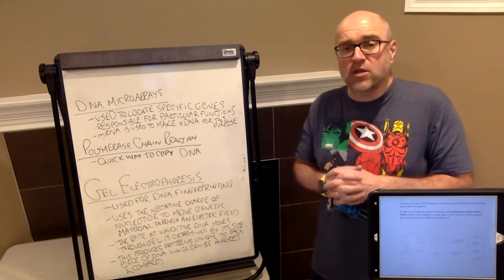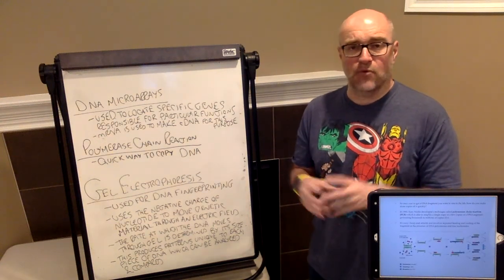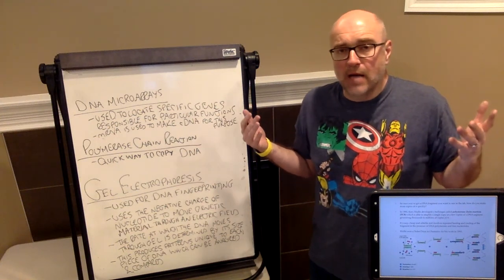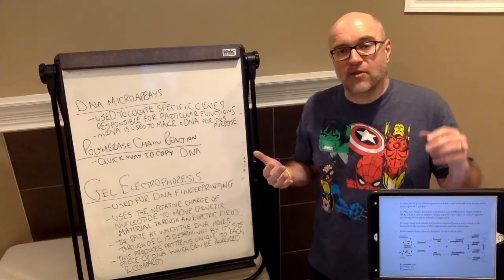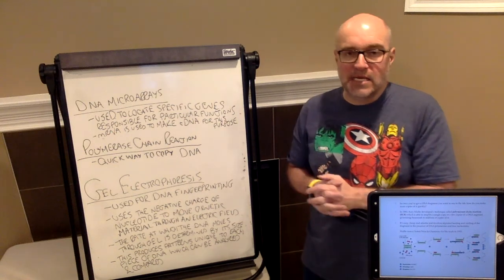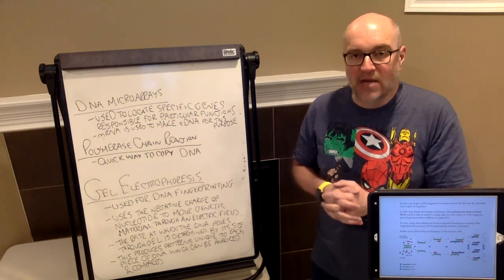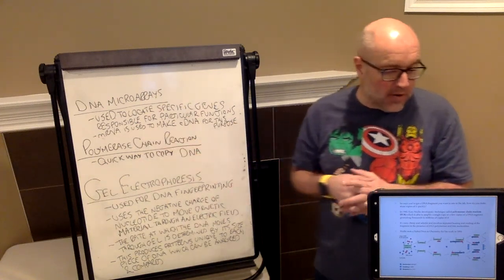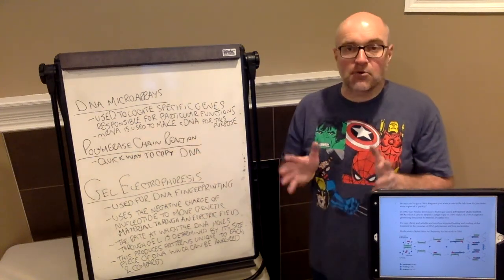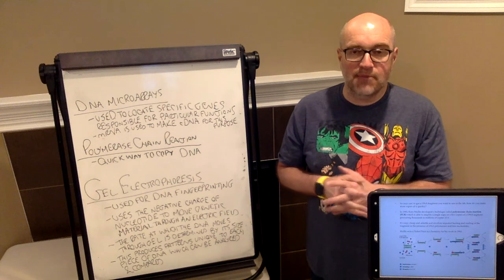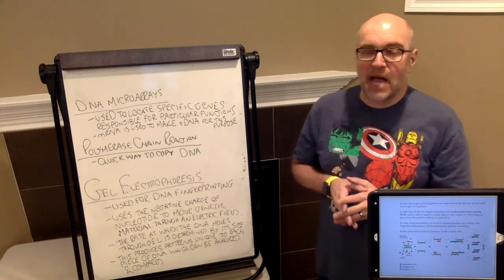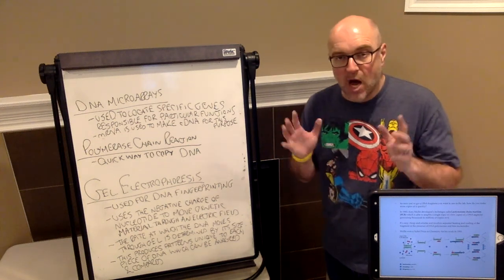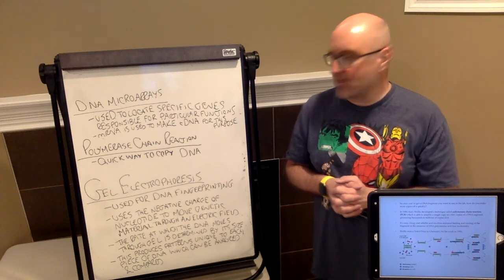What about if I want to do these experiments, but I only have one piece of DNA? That doesn't really help me. I need to be able to find ways to quickly duplicate DNA, and we know that DNA can duplicate itself. So what we do is we use a process called a polymerase chain reaction, which was basically developed in 1983 by a guy by the name of Kary Mullis, who is another big rock star in the field of genetics.